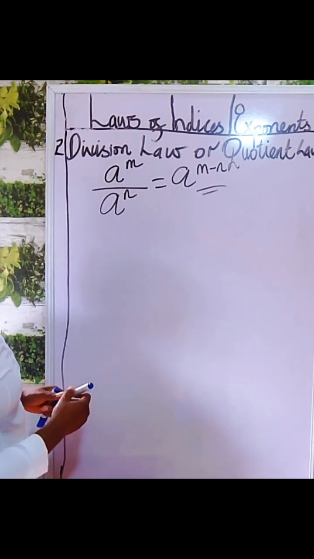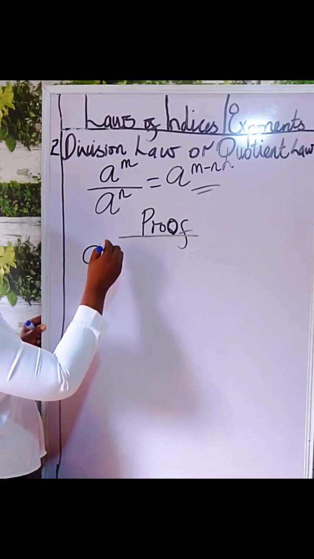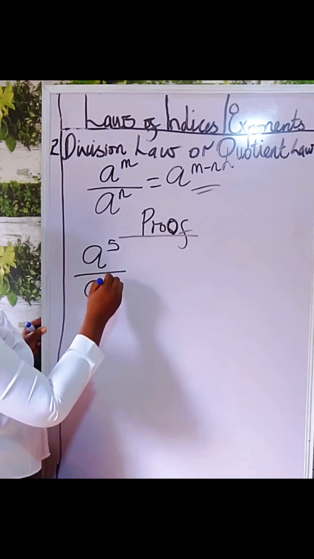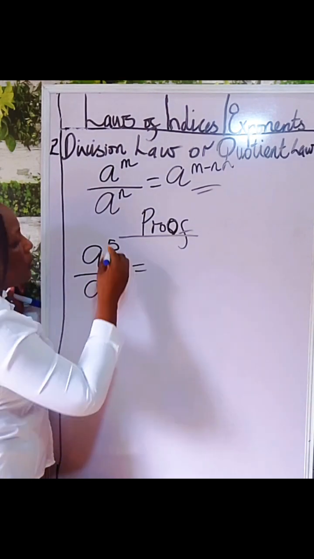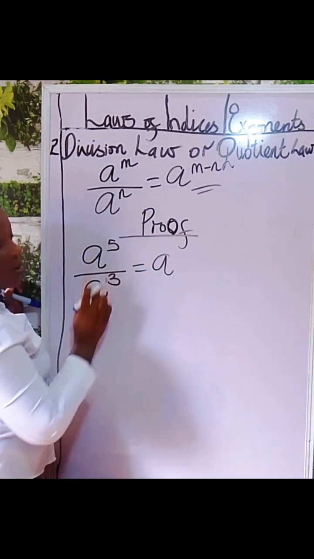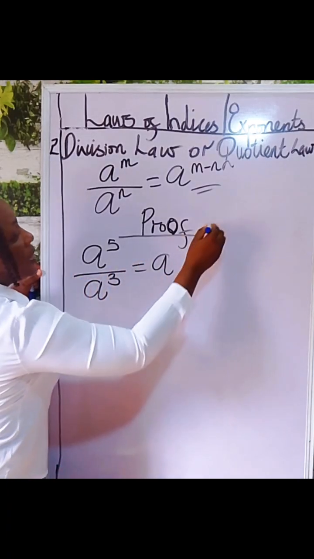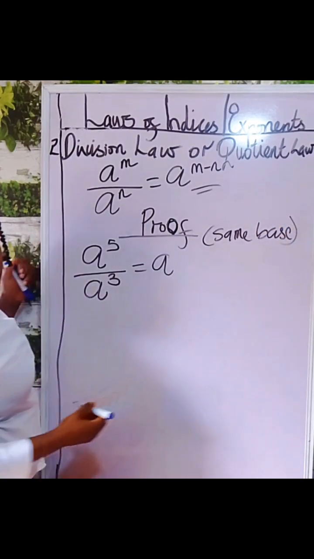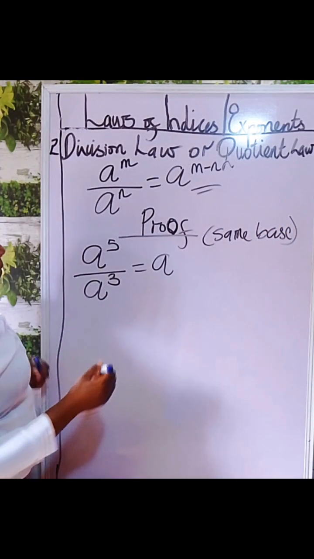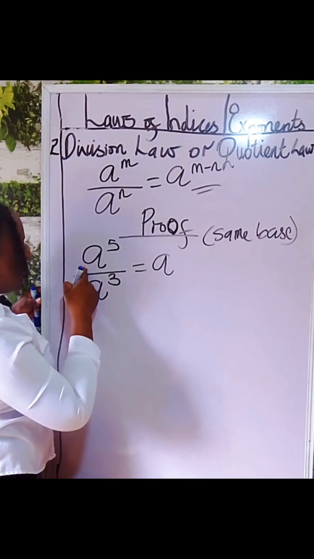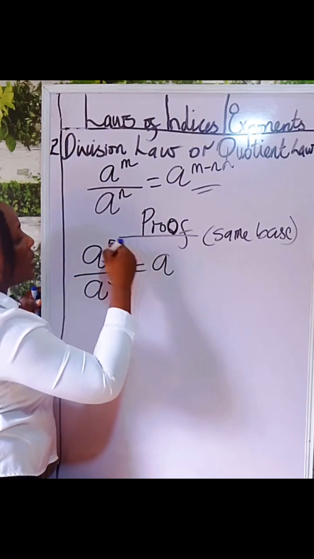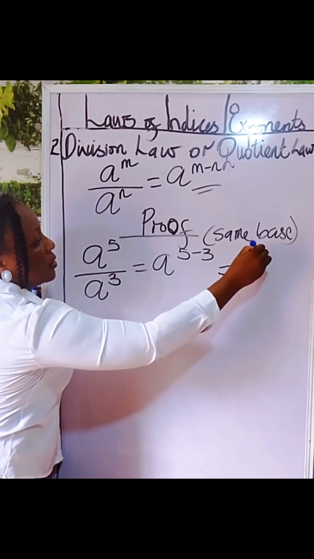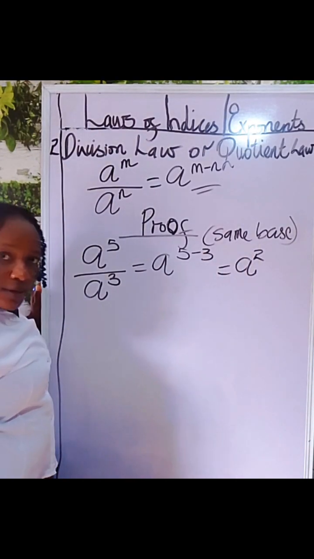And we can prove it. Let's prove it. If we have A raised to power 5 divided by A raised to power 3, it is so simple. You see the base? They are the same base. We just bring one of the base, then you apply your rule: 5 minus 3 is equal to A squared.